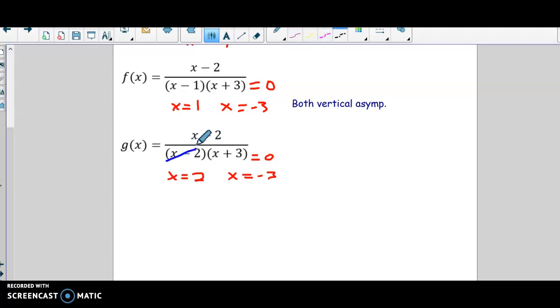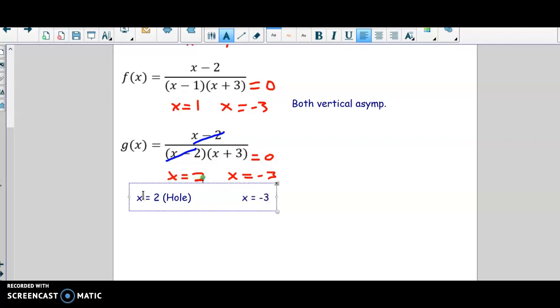So this x minus 2 factor matches with a factor in the top, so we can cancel it out. And then that means this first one would be a hole. So x equals 2 would make a hole. Okay, and then the other one, it doesn't match out, right? So the x minus 3, that one doesn't have a match, so that would again be a vertical asymptote.